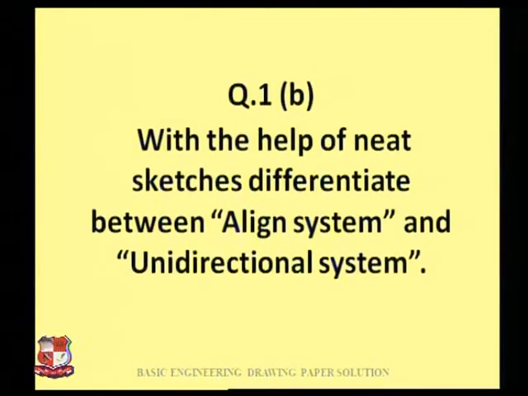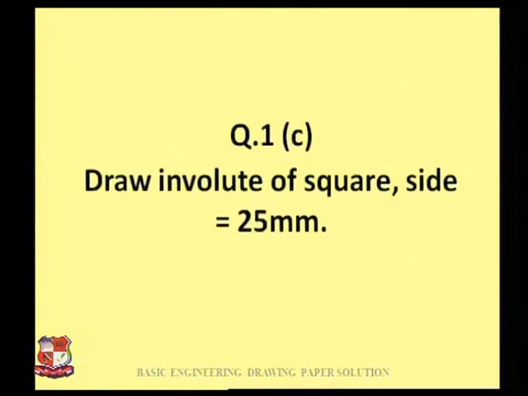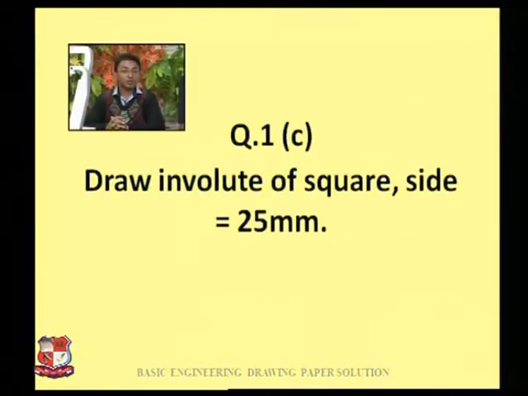We'll move further to the next problem. The next problem says that we need to draw an involute of a square. The square side is 25 mm. Now, what is the meaning of involute?